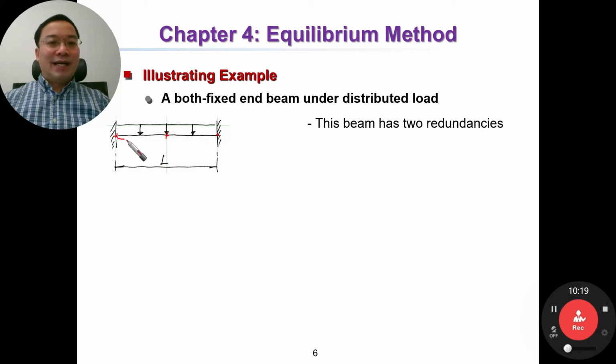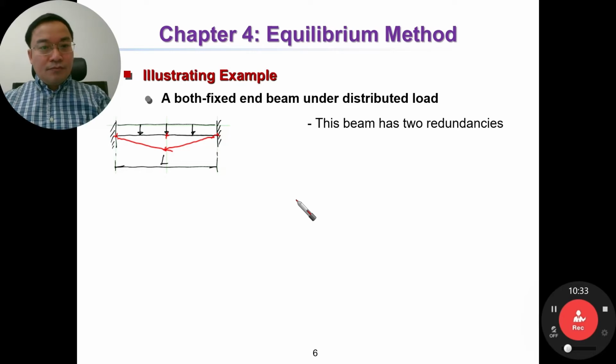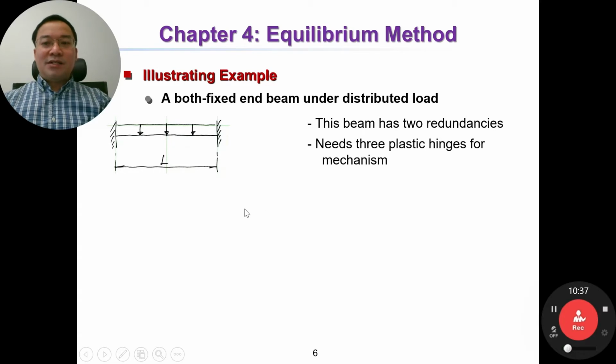So we need at least three plastic hinges for the mechanism.